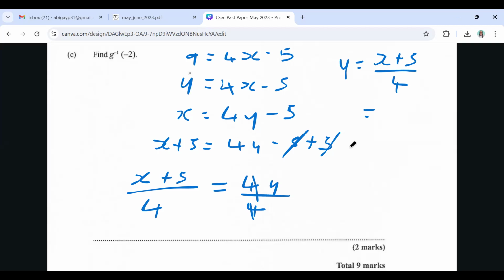And then you're going to put where x is negative 2. So negative 2 plus 5 over 4. That would be 3 over 4, and that would be the answer.